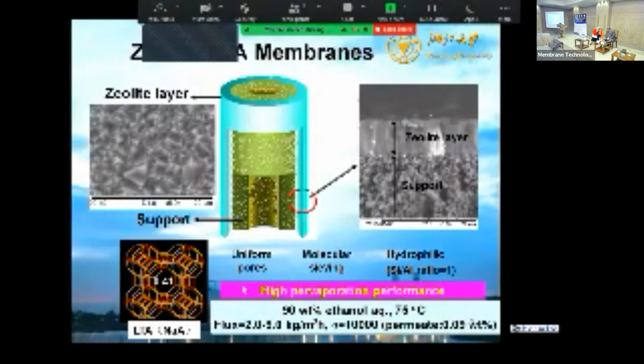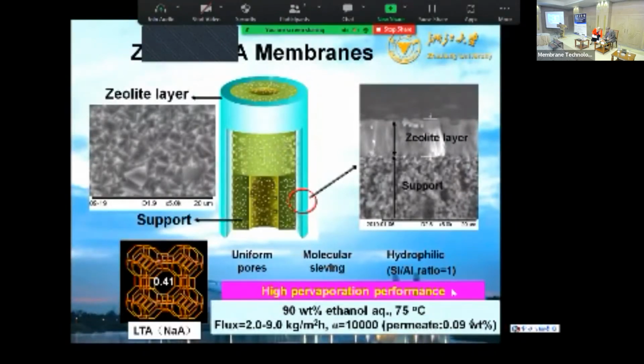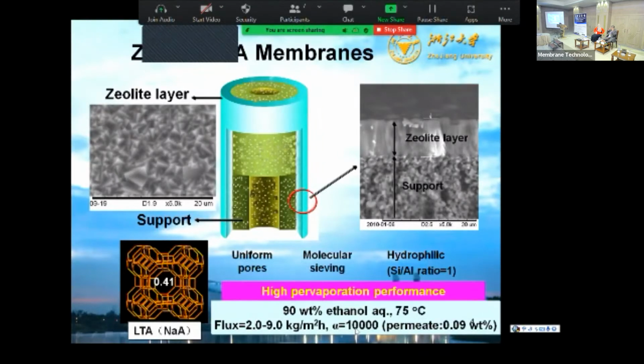That means it has very high pervaporation performance for dehydration of ethanol solutions, for example. The flux can reach 2 to 9 kilograms, and the separation factor can reach 10,000. That means the ethanol concentration in the permeate is lower than 0.09%.